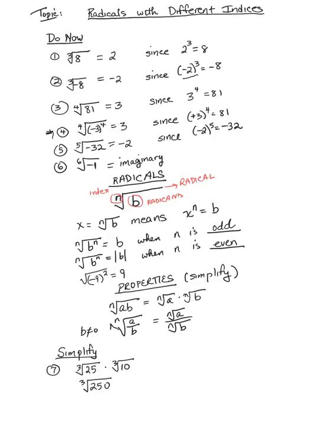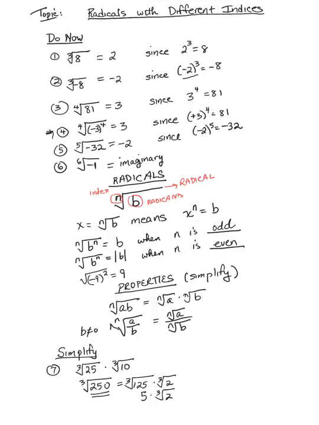And we could do one of two things. We could prime factorize 250, or we could recognize that the first perfect cube factor that goes into 250 is 125. We could rewrite this as the cube root of 125 times the cubed root of 2, which becomes 5 times the cubed root of 2.